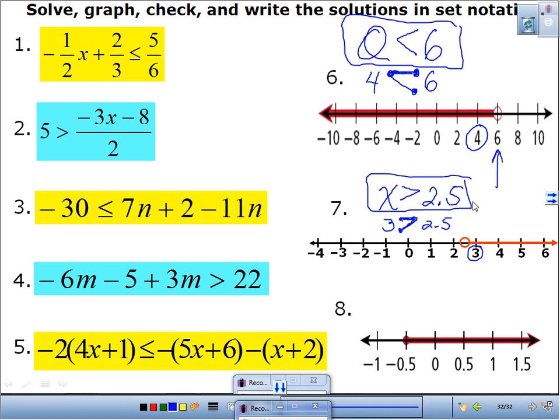On these, you don't do the solution set. I'm just asking you for the inequality. Next, number 8. X, and what's my dividing point? Negative 0.5. Which point do I test?